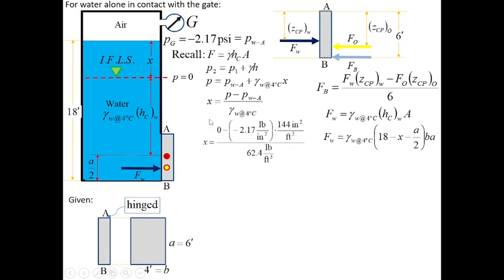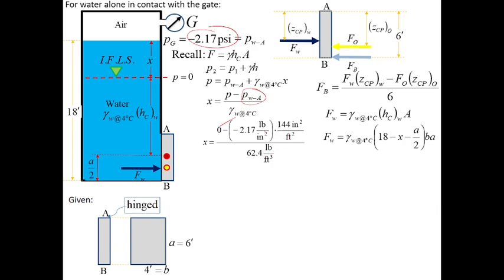So we have now x: zero pressure minus the pressure at the water to air interface, that is negative 2.17 psi, that is pounds per square inch. Then we convert square inch to square foot so that we can cancel some units below.